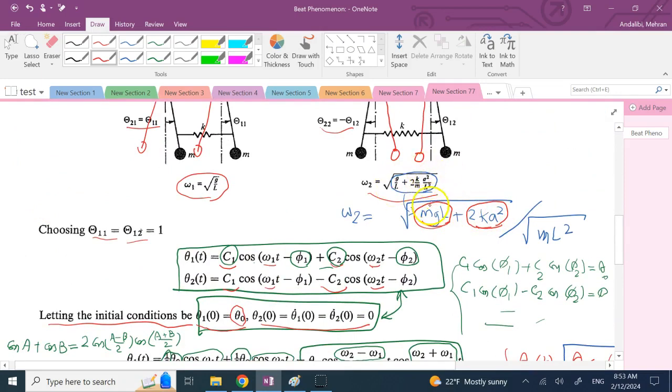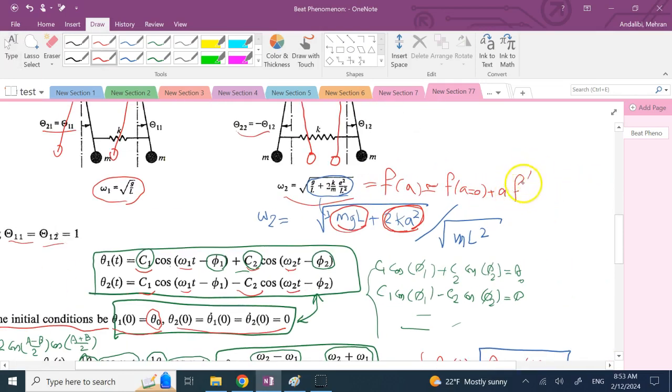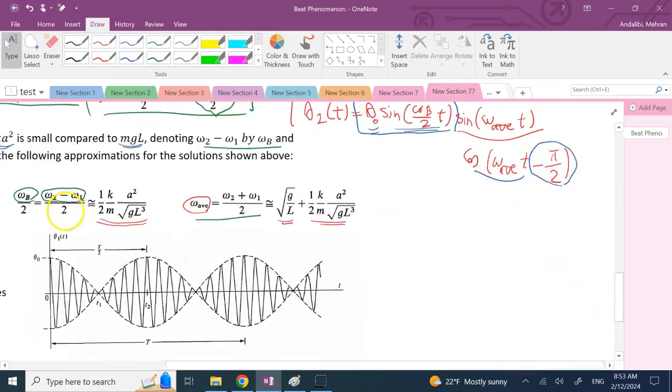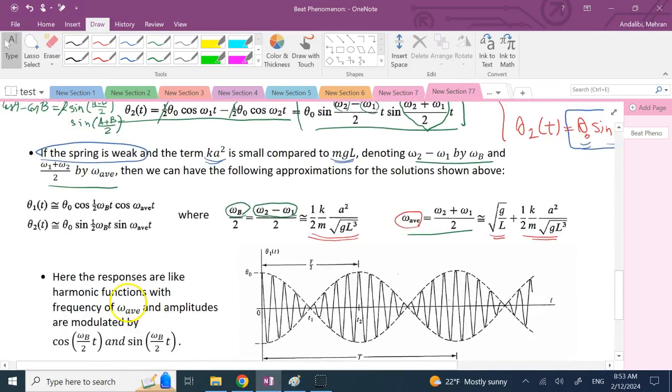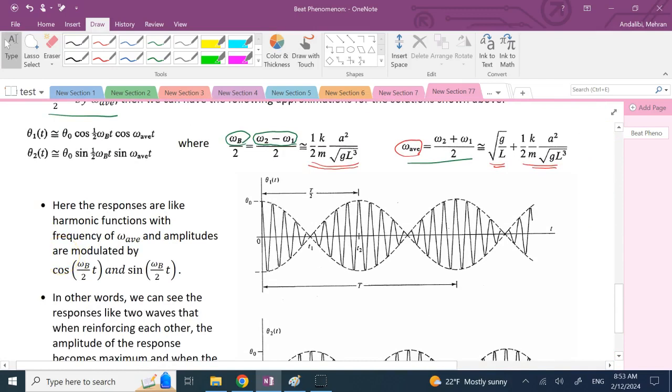So you consider this as a function of a, and you write it as a function of a, and then approximate it as f at a of 0 plus a times f prime at a of 0, approximated by a linear term. These other terms we just neglect. And if you do that, then you get these two frequencies, right?